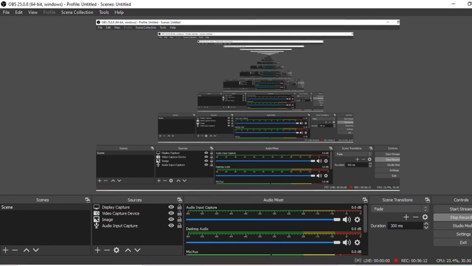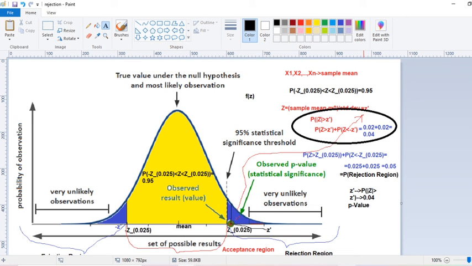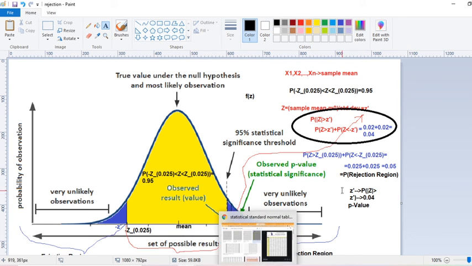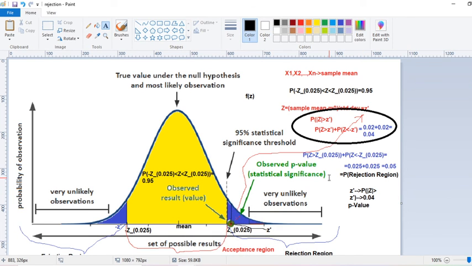We will use this idea throughout our analysis, and you should remember that this p-value concept is used in every statistical analysis, and this is the only criterion for accepting or rejecting a hypothesis.